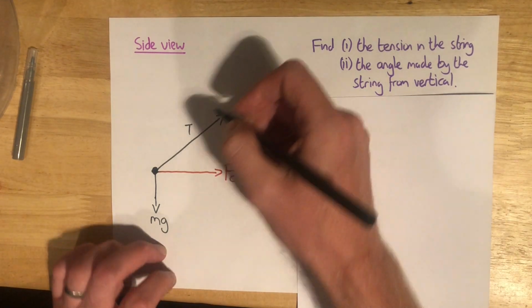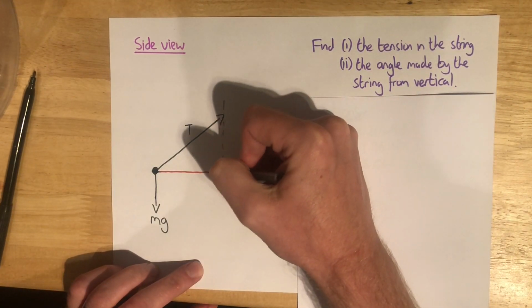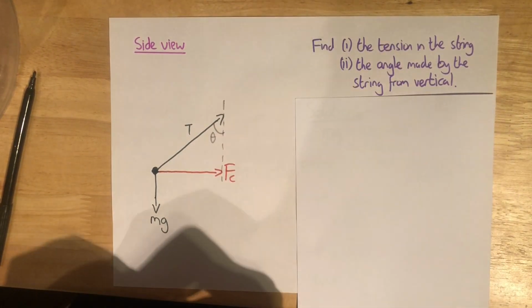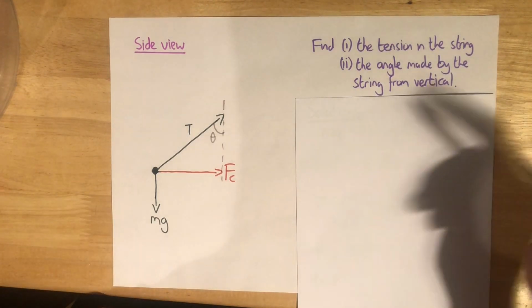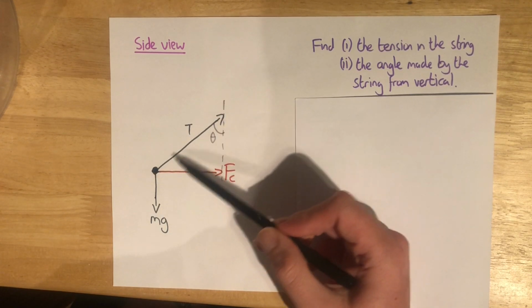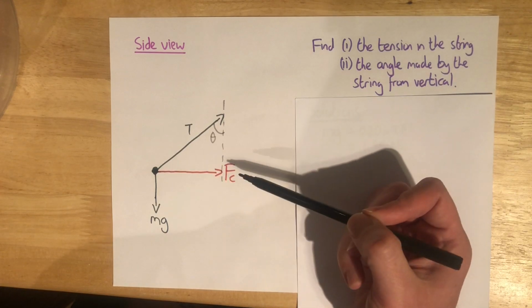If we sketch in a few details about that angle, theta, we can consider it going forwards. So we've got two forces acting on our mass, tension in the string, which is at an angle so that it can compensate for both the weight and supply the centripetal force.